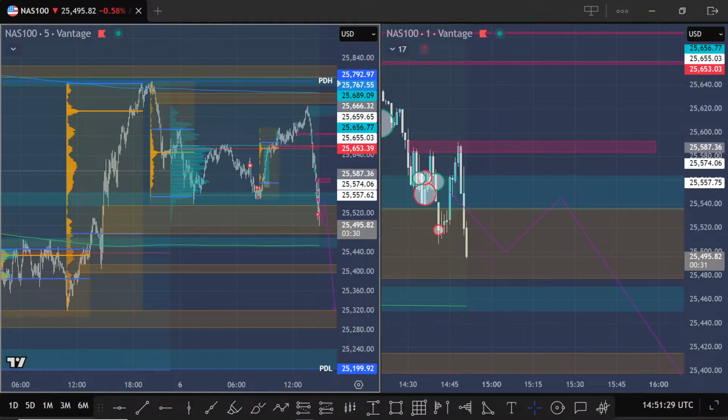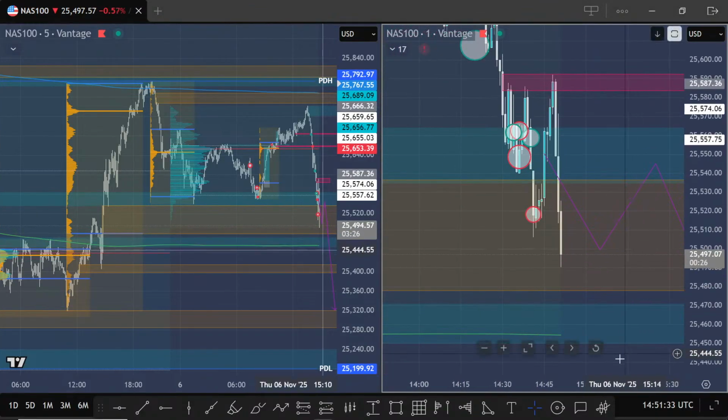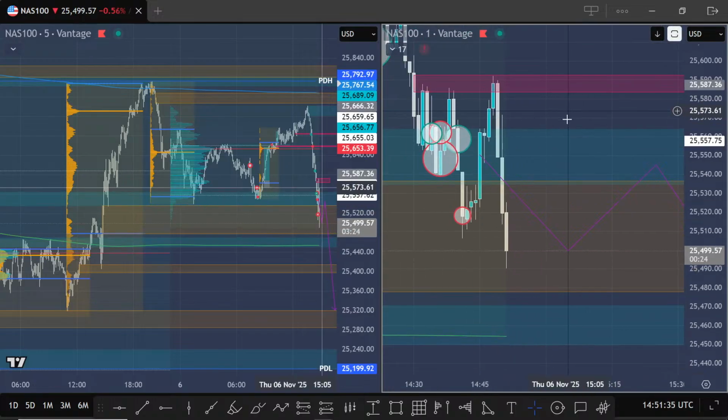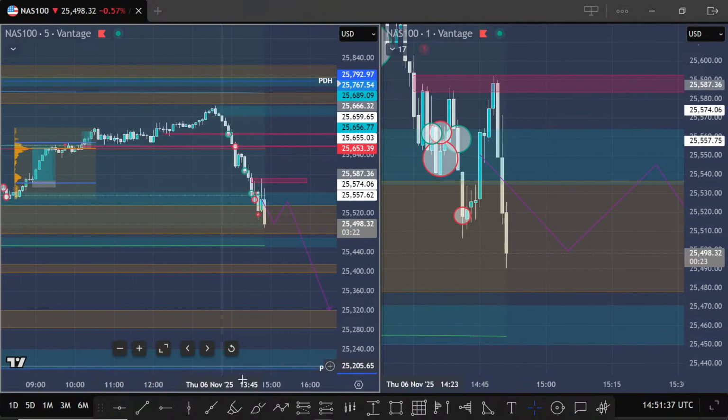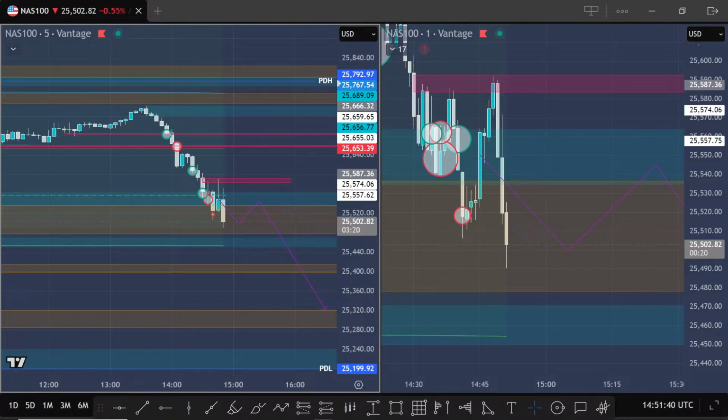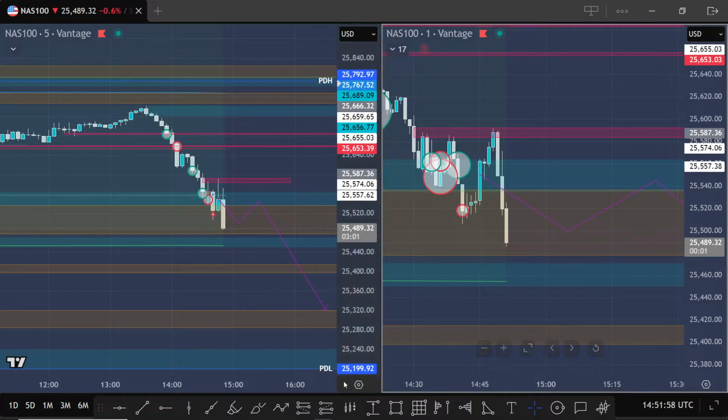So that's the move we want to see. That's the move that's giving us the space for a break. So I'm classing this as the move that is breaking the value area low.